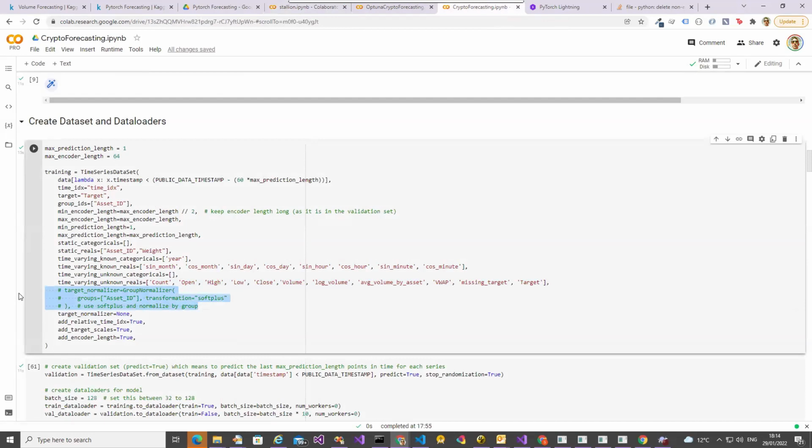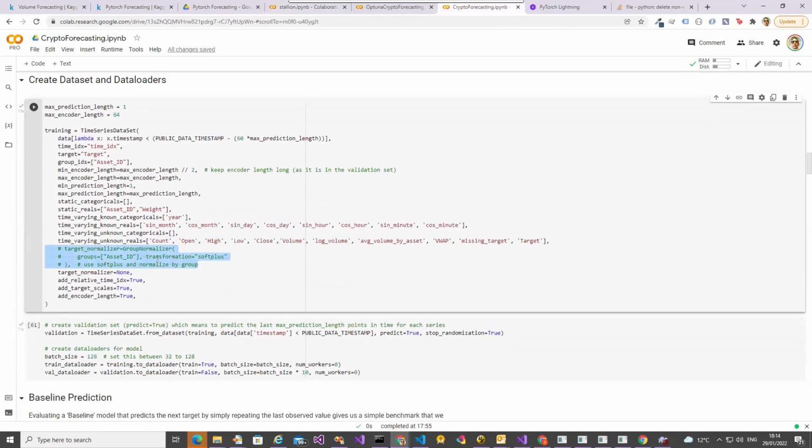Well, I think it is needed. I'm not sure though. I had it and it works, but then all of my predictions ended up being 0. I think they'd all been normalized to 0, and I didn't know how to get the actual prediction back, so I've turned the target normalization off.